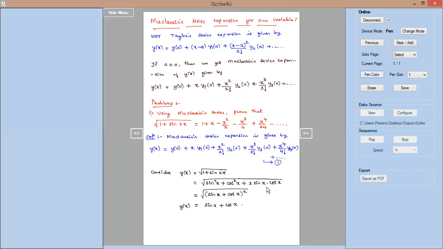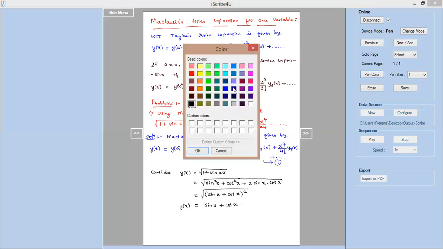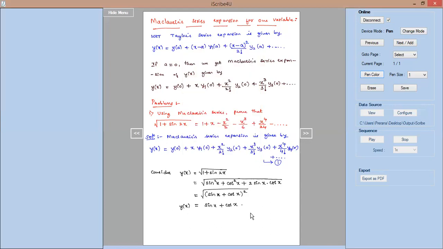In the given function, we manipulate it like this just for convenience. So we have a simple expression for y of x as sine x plus cos x. Keeping this, we will be able to find y of 0.